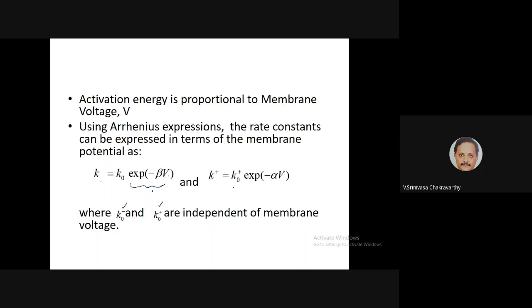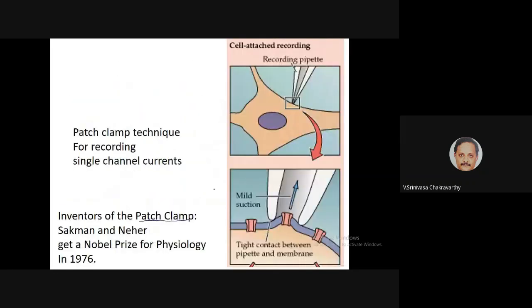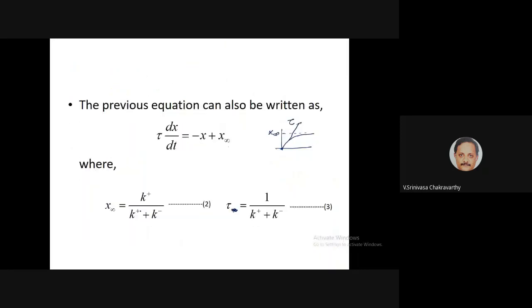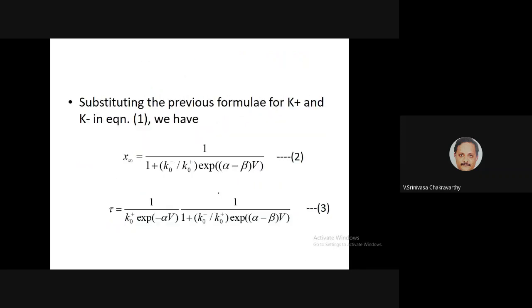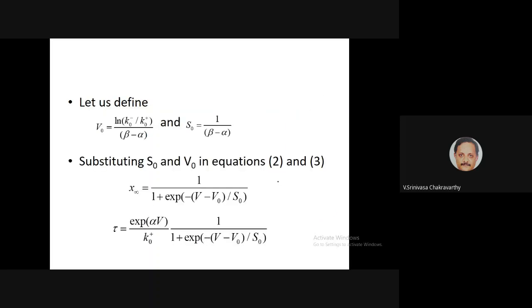So if you plug in these two expressions into these two formulae, 2 and 3, then you get these equations. x infinity is this, and tau is equal to this. So here again we define two new quantities, V naught and S naught.